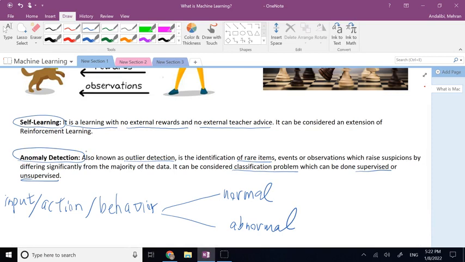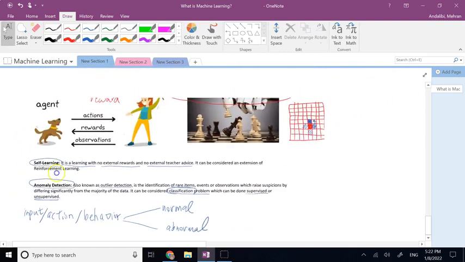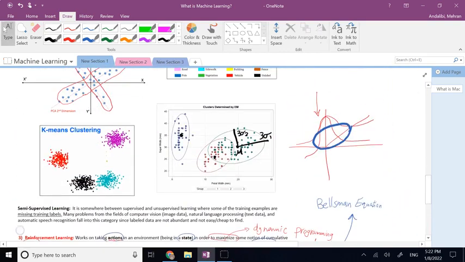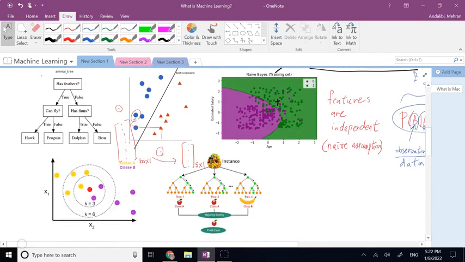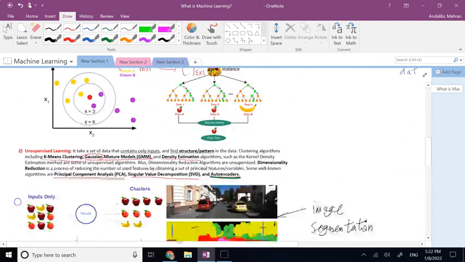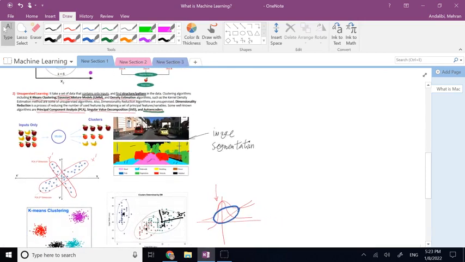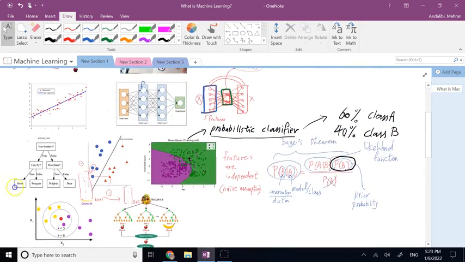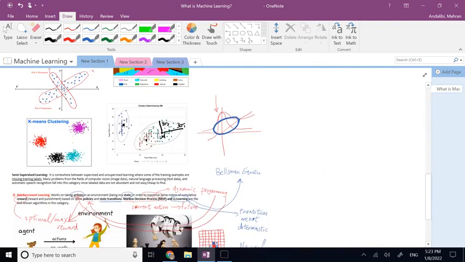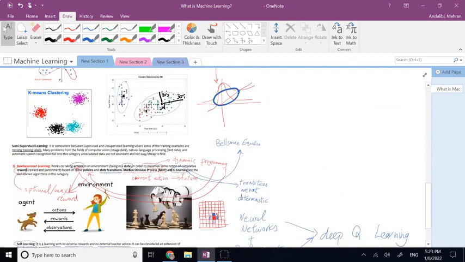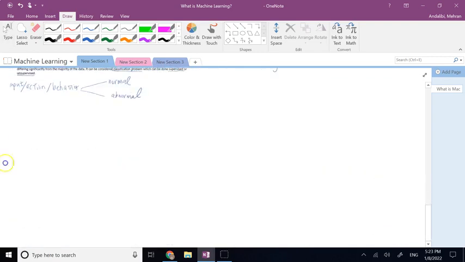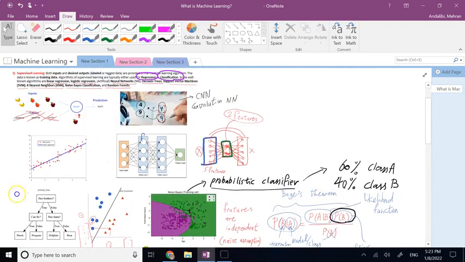I would like to call it classification, and classification could be either supervised or unsupervised. So it's not really beyond the first two categories. That's why I still think we should just say supervised, unsupervised, and reinforcement learning are the three major categories of machine learning, and there are all these different algorithms.